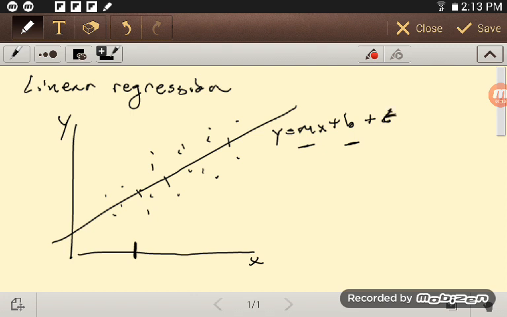And what it assumes for that error is a normal distribution, a bell-shaped curve of varying values, with a mean of 0. By having a mean of 0, the y equals mx plus b is the average value for any given x. So a mean of 0 and then some variance, and it's the same all the way up.